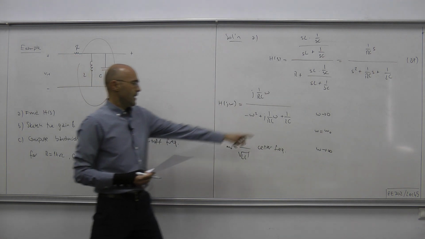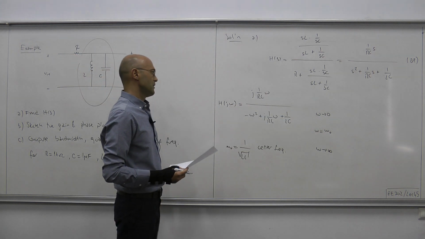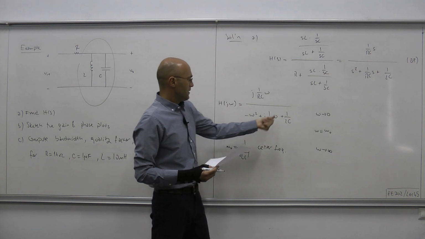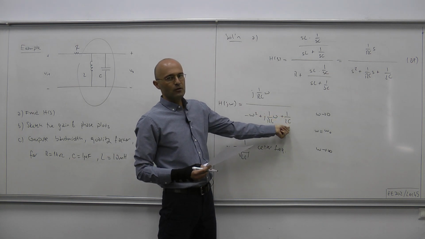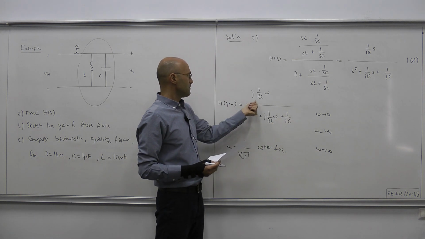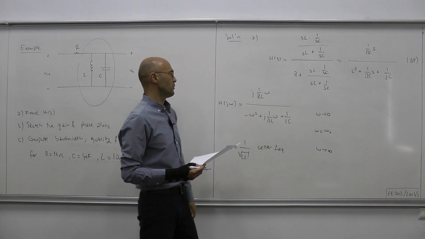When omega is around 0, the denominator is dominated by 1 over LC, and the numerator is j(1 over RC) omega.